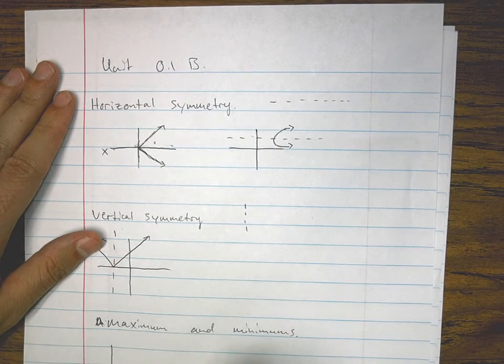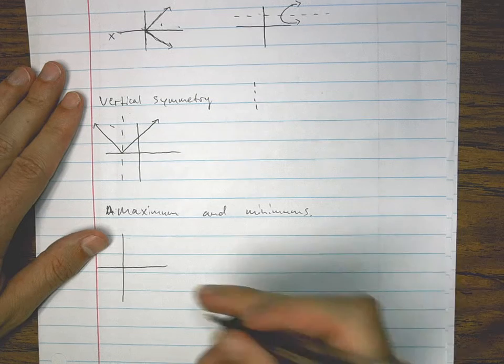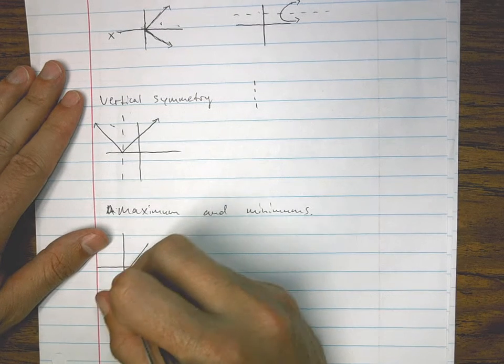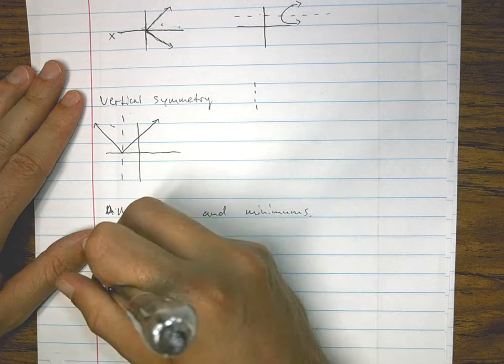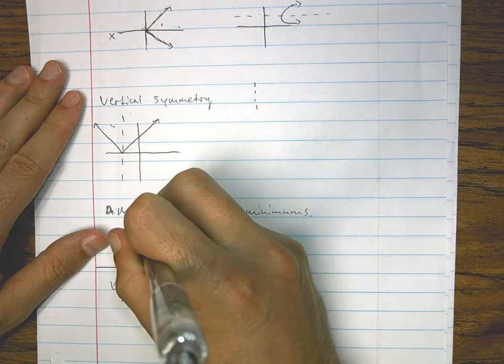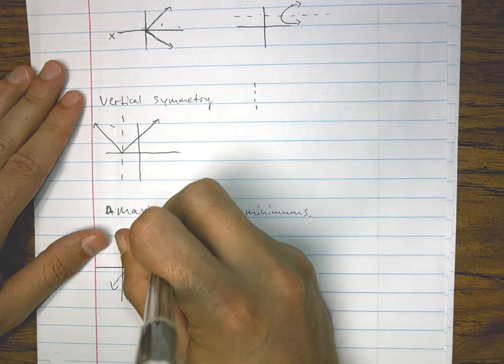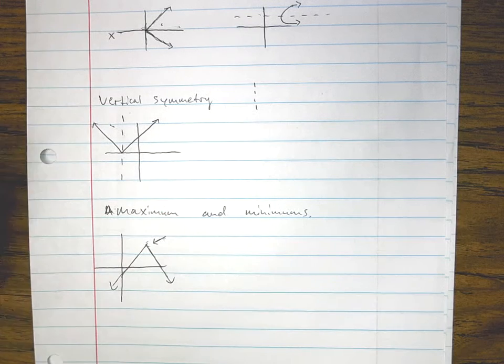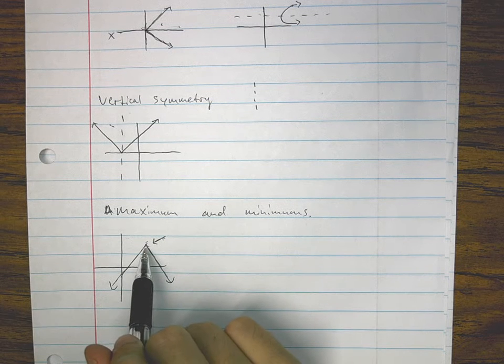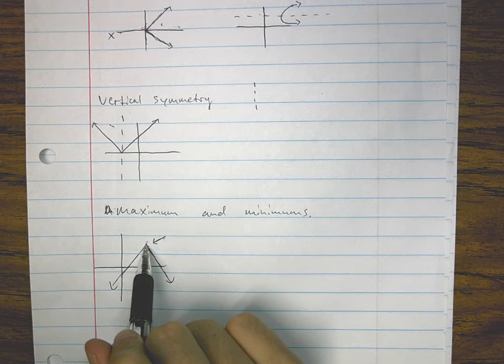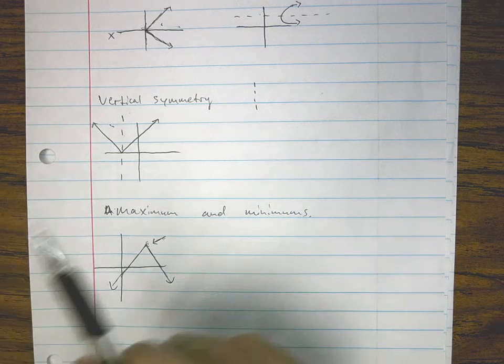So an absolute maximum is any graph that has one point that is the highest point ever. This would be the maximum, the highest the graph could go. So this would be like a maximum height, maximum range, maximum speed. It is the highest point on the graph, higher than any other point.